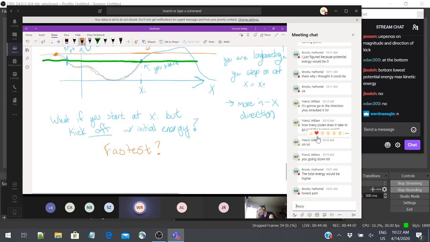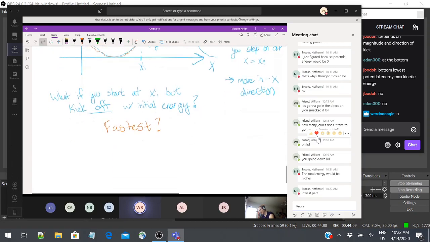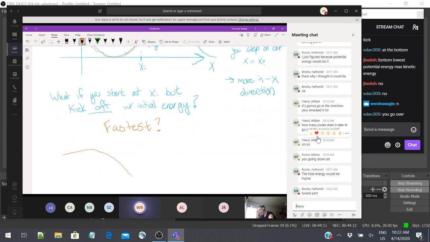So it is possible that you have precisely enough energy such that your K equals 0 right there. So if your energy exceeds it, so this is your total energy, you will still have some amount of kinetic energy.